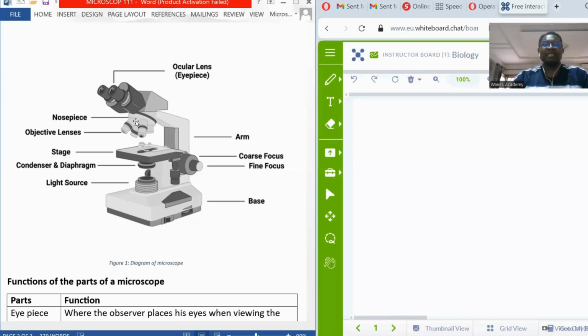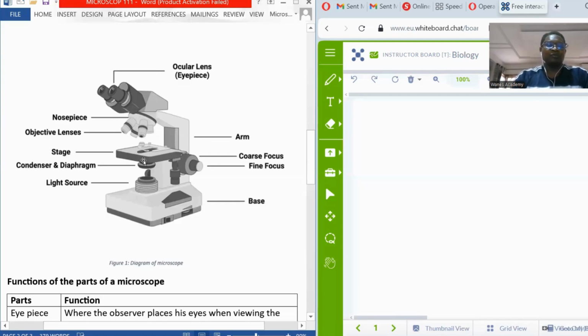In the case of the light microscope, for example, you have objective lenses that can magnify up to 5 times, up to 10 or 15 times. So the objective lenses are attached to the nosepiece. I said earlier, the eyepiece and the nosepiece are attached to what? To the arm. The arm is used to carry the microscope.